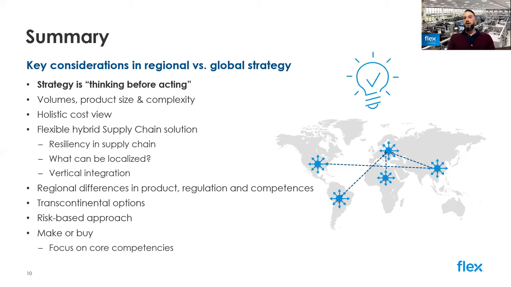What can be localized? I would say some commodities are more in one region. This needs to be taken into consideration. Maybe in the future, more in the long term, we can bring some commodities back and regionalize them. But nowadays, we need to consider that for our supply chain.